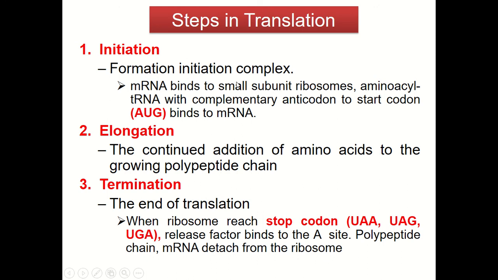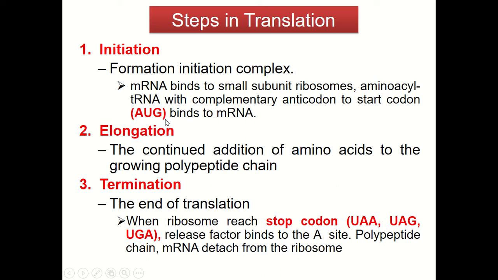The initiation phase is the formation of the initiation complex, to start the translation process, in which mRNA binds to the small ribosomal subunit at the mRNA binding site, and aminoacyl tRNA with an anticodon complementary to the start codon will bind to the mRNA AUG.